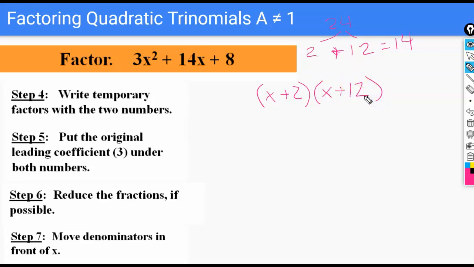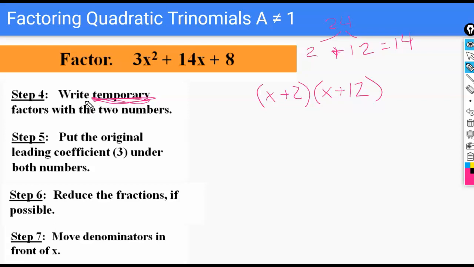That's temporary, because I know that those two don't multiply to equal that, because 2 times 12 is 24, not 8. And x times x is x squared, not 3x squared. So I want to point out this is just a temporary step, because what we're doing here is a time-saving trick.